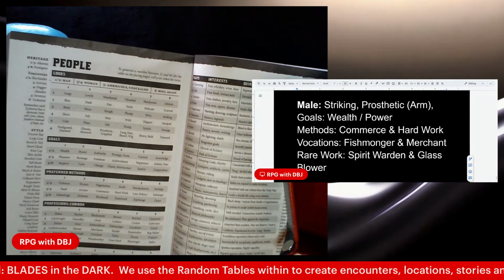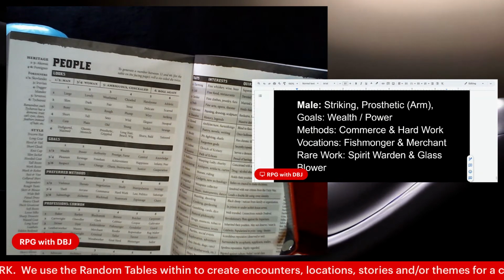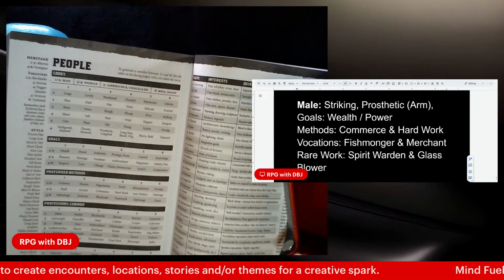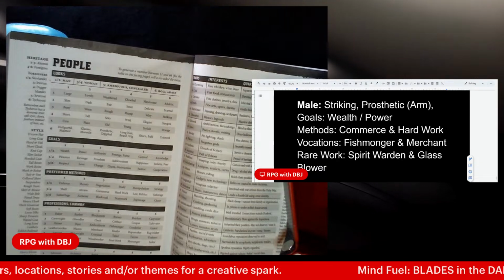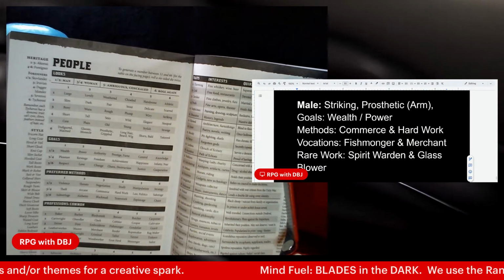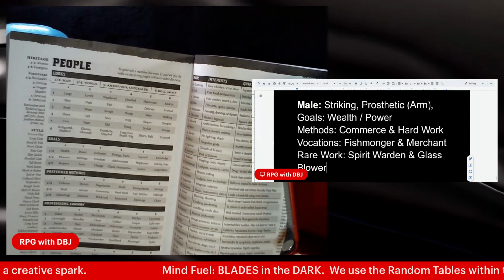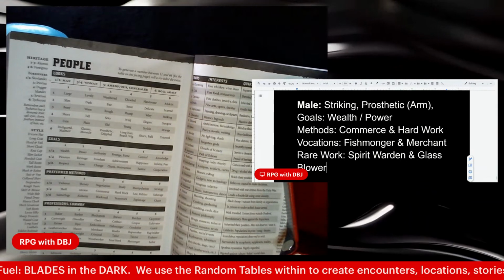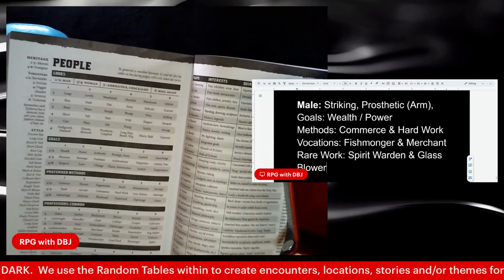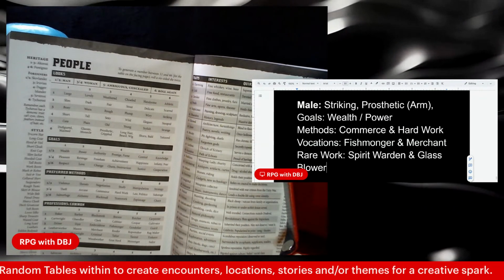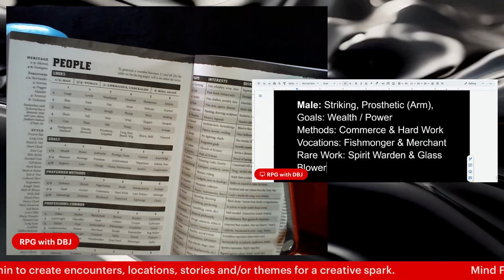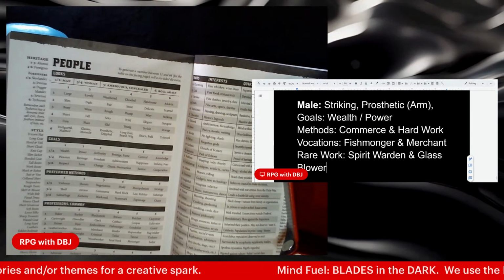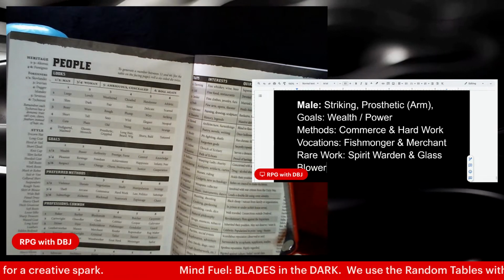For those who are not familiar with Blades in the Dark, the game has a built-in barrier of exploration, so you cannot leave the world of Duskwall in Blades in the Dark because there's something known as the ectoplasmic region. So when someone dies, they don't die and their spirit disappears.